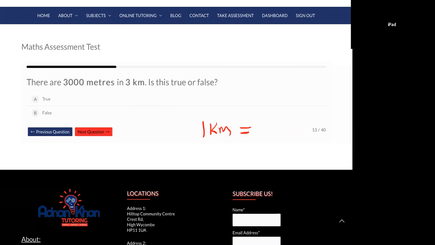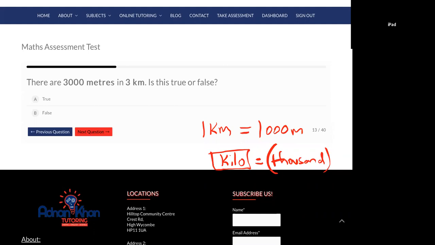1,000. Well done. So kilo, this special word here, means 1,000. So whenever you come across the word kilo, that means you convert it into 1,000. So 1 kilogram is going to be 1,000 grams because you've got the word kilo in there.